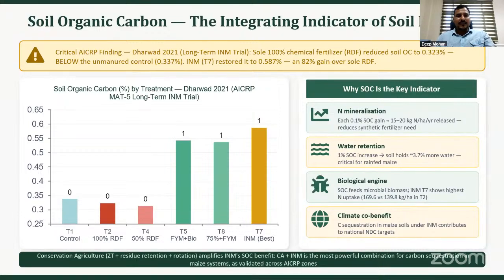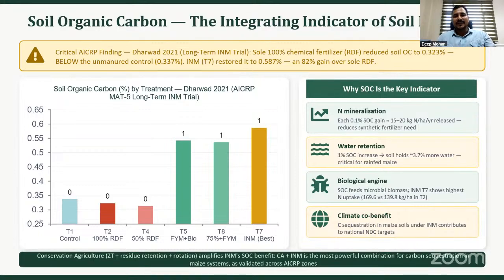Because in the red chart, you see that treatment 2, which we have already discussed, has 100% of the recommended dose of fertilizer. Blue one is T1, the control, no fertilizer. So application of only chemical fertilizer is going to reduce the organic carbon year after year.